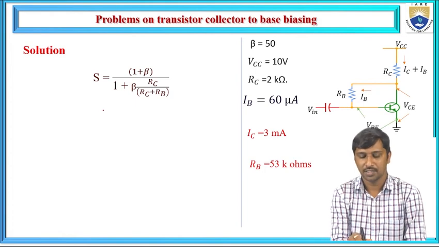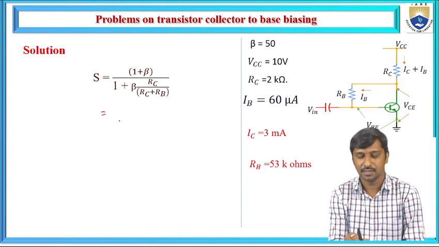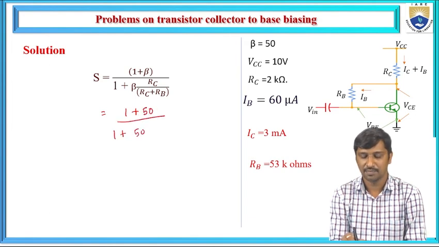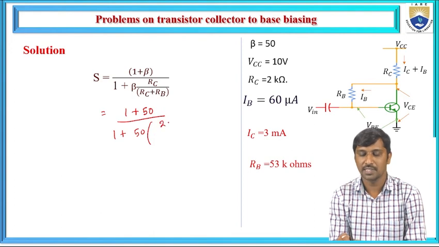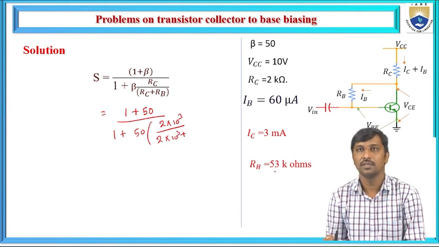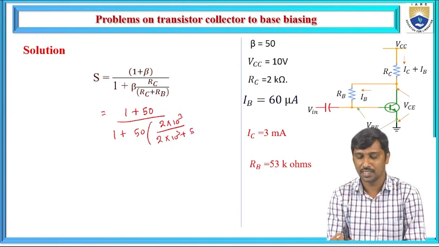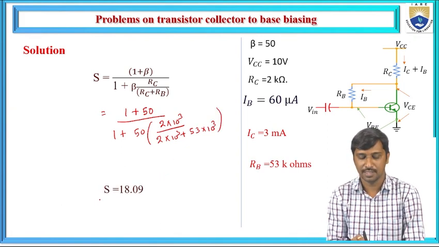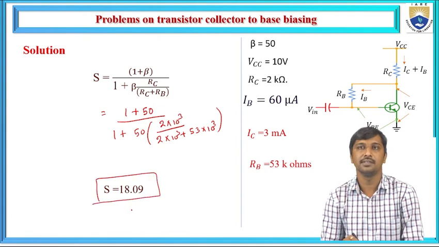Substituting the specifications: 1 plus 50 divided by 1 plus 50 times RC, 2 kilo ohms, 2 into 10 power 3, by RC, 2 kilo ohms, plus RB, which we got as 53 kilo ohms, 53 into 10 power 3. If you solve this ratio, the stability factor is equal to 18.09.